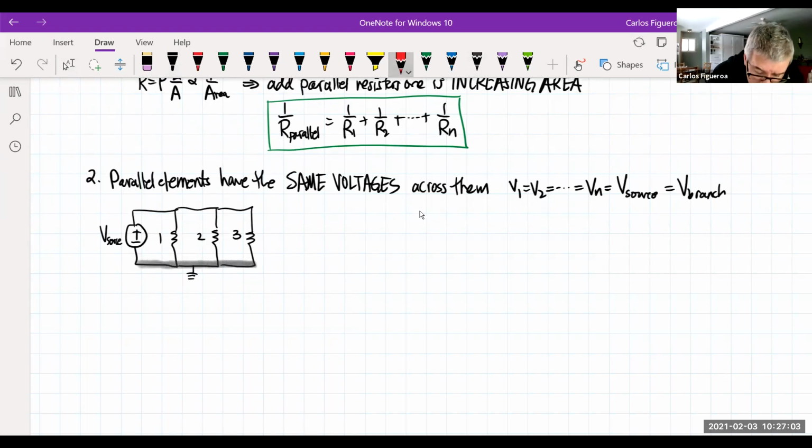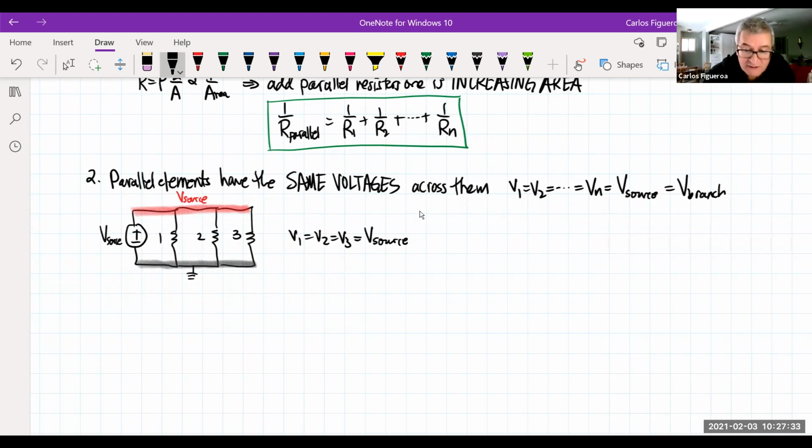And then there's another node up here. So if the bottom of the power supply is 0, then the top node is V source. So you can see that each resistor has 2 potentials and therefore 1 voltage. So the voltage of 1, 2, and 3 in this case must be the same as the source.